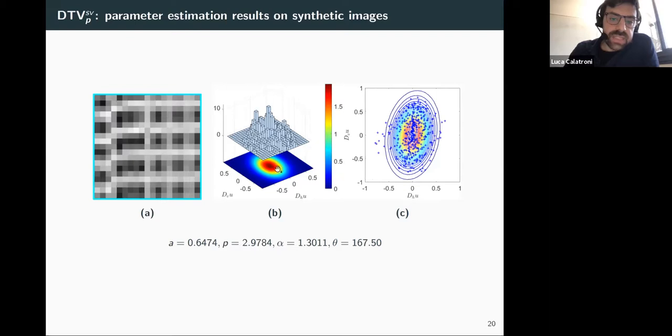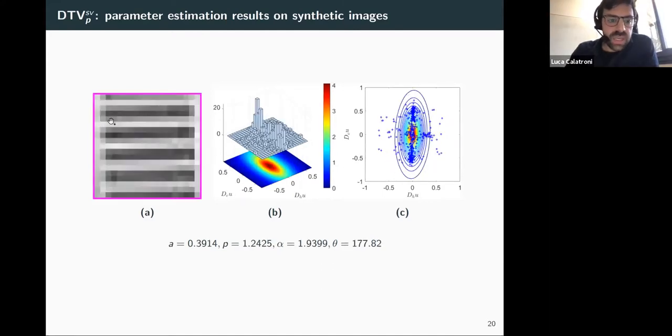And this is basically the fit with the estimated generalized Gaussian distributions with these parameters. And so we see that the samples fit quite well with the estimated PDF. And same here, where there is some more directional dependence due to the fact that the texture is much more geometrical than the one before. And we do see that here.